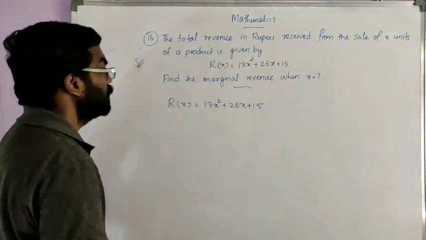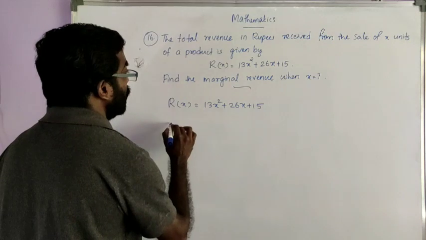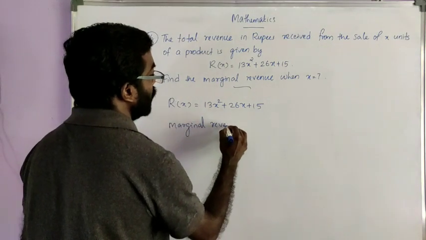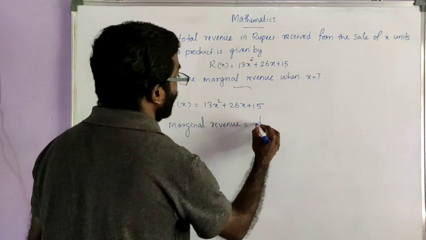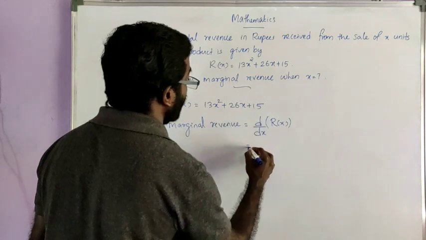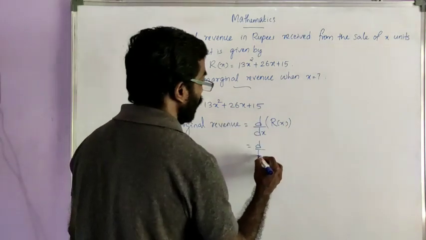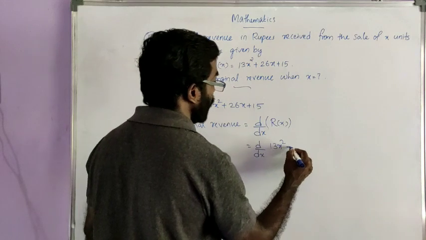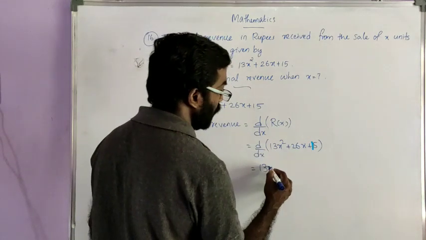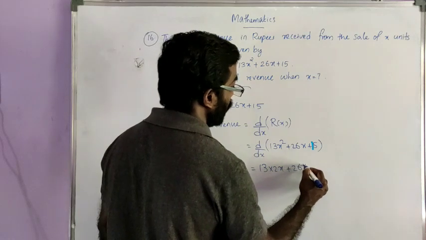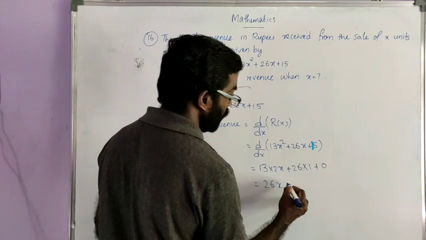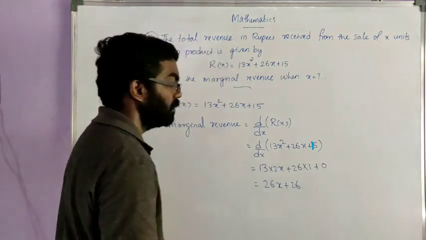Okay. So here marginal revenue is equal to derivative of total revenue R of X, that is derivative of 13x square plus 26x plus 15, which is equal to 13 into 2x plus 26 into 1 plus 0, 26x plus 26.